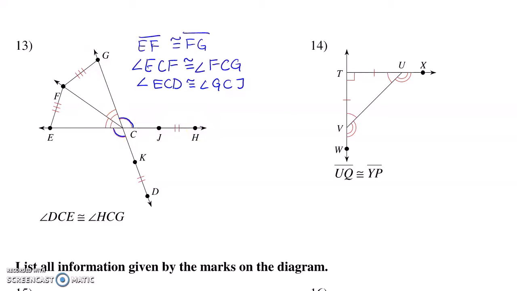Those are the same set of points. And then I also have segment JH is congruent to segment KD. So is DCE congruent to HCG? Yes. That would be right there.